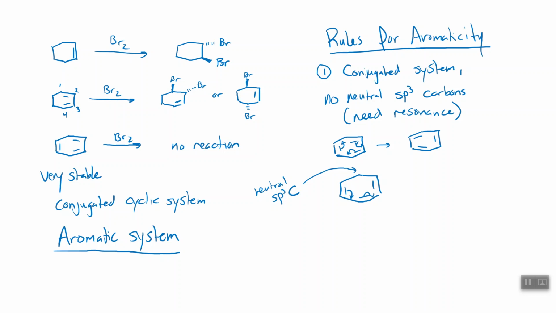I can't move this pi bond up here because this sp3 carbon already has 4 bonds. I can't add another bond to it. And so the only thing I can do is make a charge here. But notice that that means that I can't flow the electrons through the entire conjugated system. This is just a conjugated system, conjugated, but it's non-aromatic.